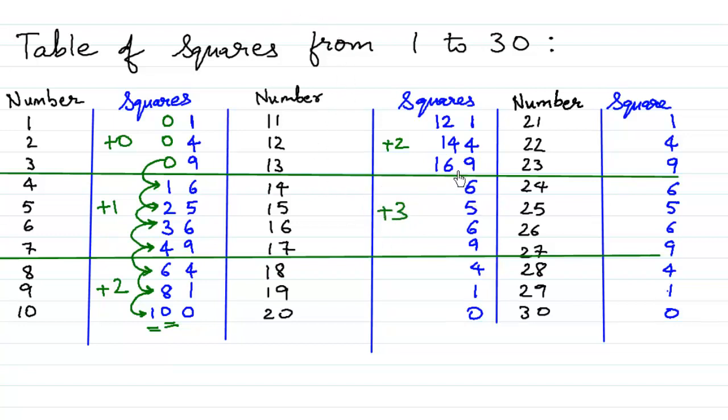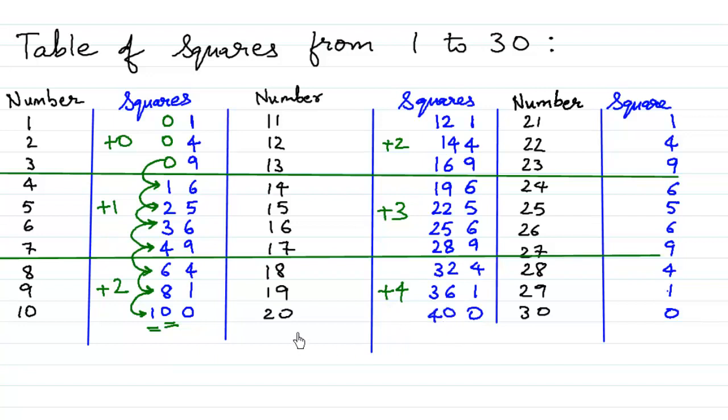So 16 plus 3 is 19. 19 plus 3 is 22. 22 plus 3 is 25. 25 plus 3 is 28. And then again we see a green line. So now we are going to add 4. So 28 plus 4 is 32. 32 plus 4 is 36. 36 plus 4 is 40.